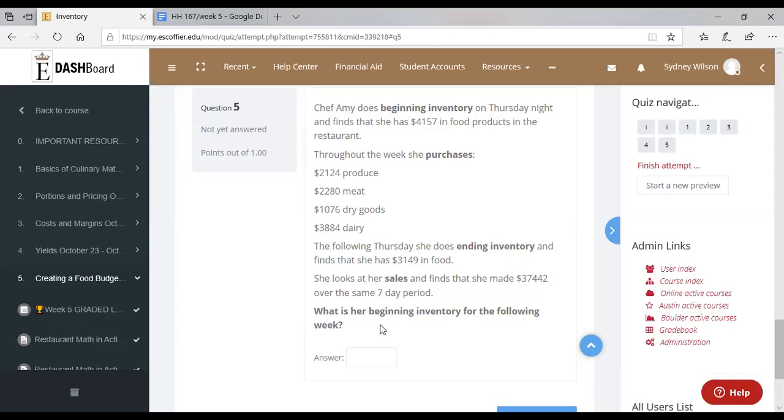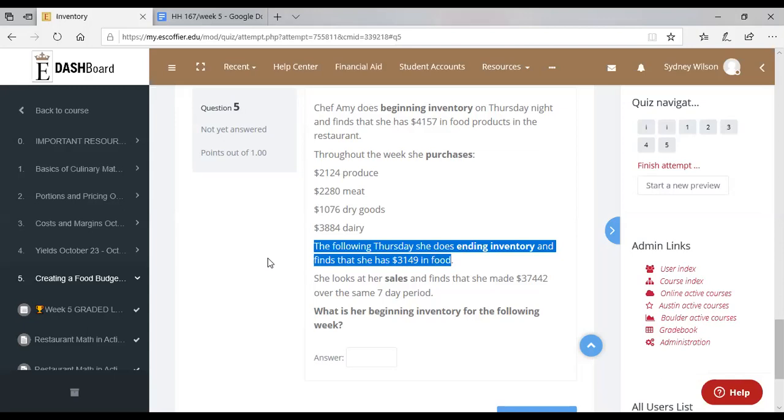But when week 1 ends, her next week is starting as well. So whatever she ends week 1 with is what she already has to start with on week 2. Her ending inventory is 3,149. She doesn't do anything else before she starts week 2, because the end of week 1 is the same as the start of week 2. So she literally starts week 2 with $3,149.